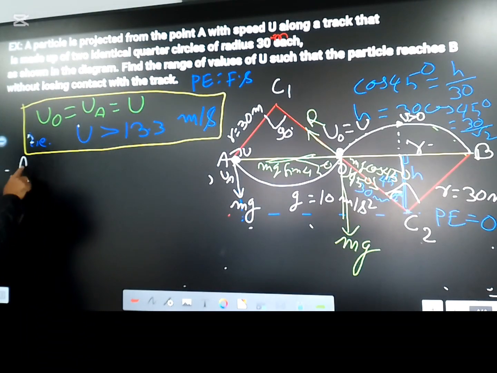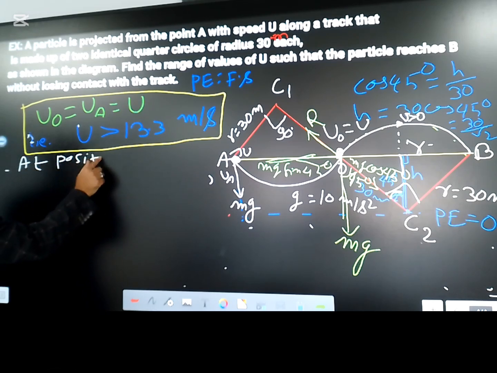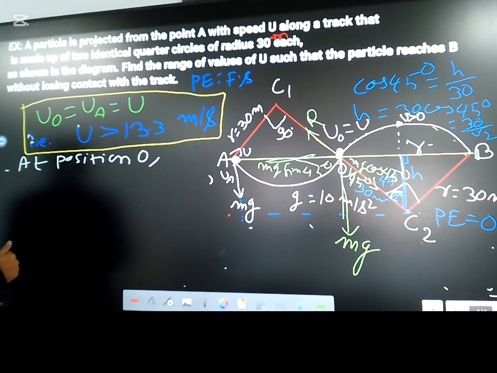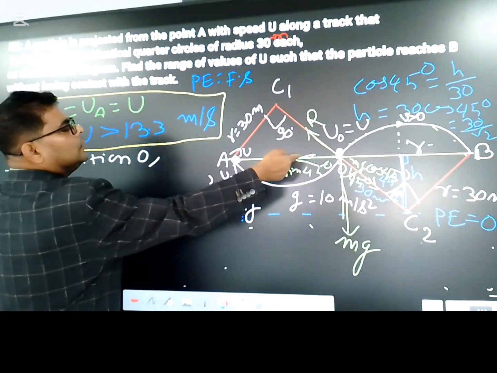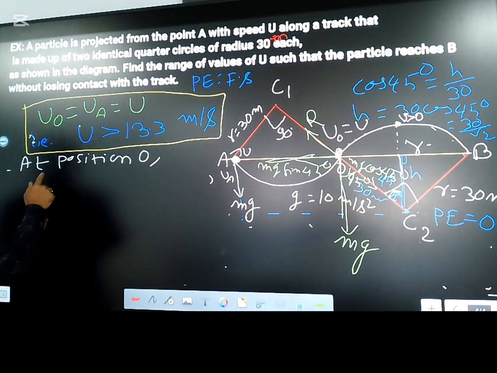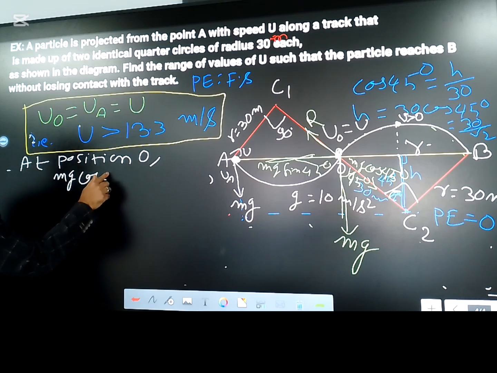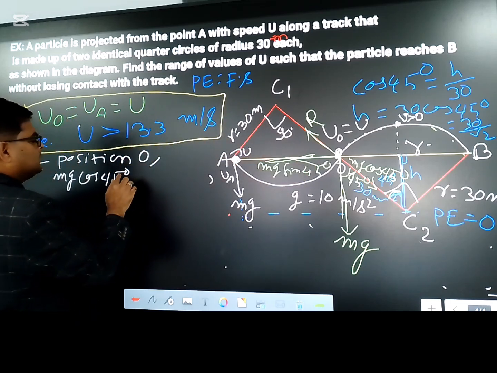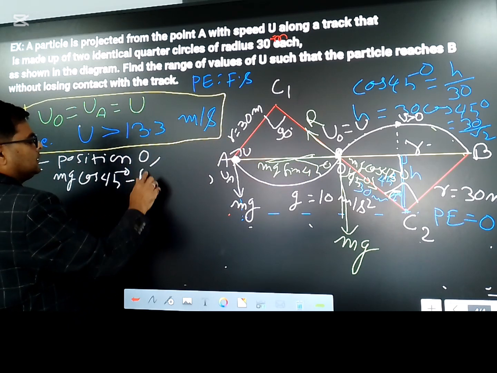At position O we are talking of, look at here now. The one force towards the center C2 is mg cos 45 degrees, and another force R is just opposite to that.